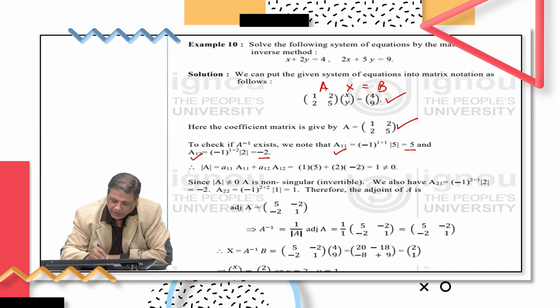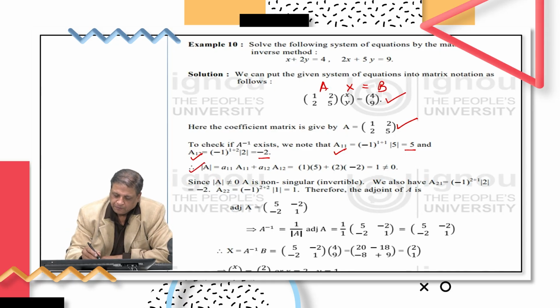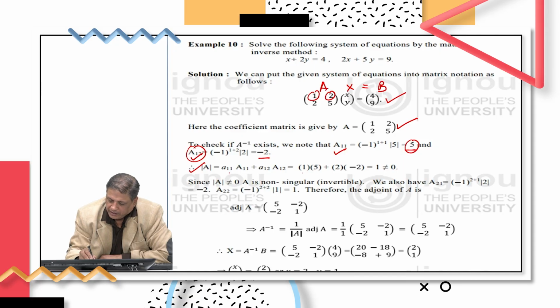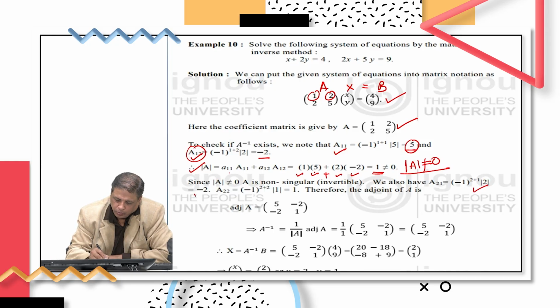So using the expression which we had discussed, that determinant A is equal to a11, that is this value, into cofactor A11, plus a12, that is 2, into cofactor value A12, we will get the determinant 1 into 5 plus 2 into -2, which is equal to 1, which is not equal to 0, and the requirement to calculate the inverse is that determinant of A should not be equal to 0. Now we calculate the other values of the cofactors also, A21, which turns out to be -2, and A22, which turns out to be 1.